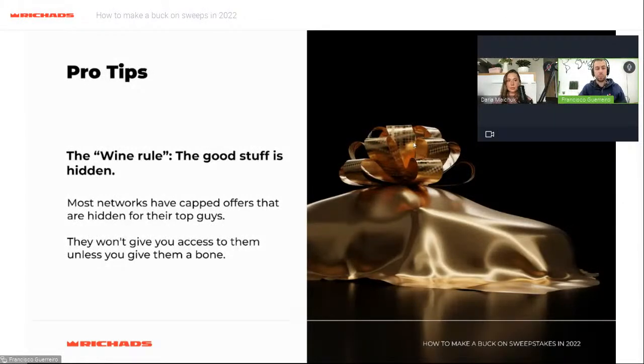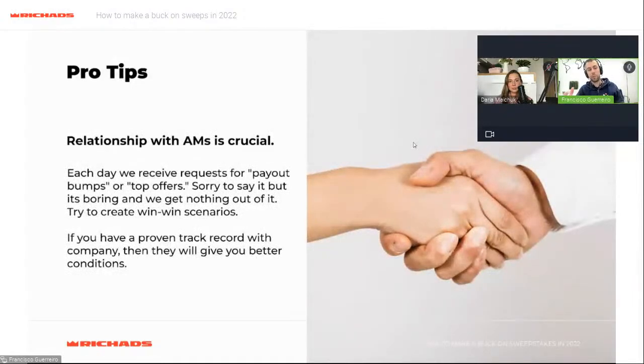So it's important for you to know this so that then I can talk to you about the next pro tip, which is the relationship. The most important thing that you can have with a network is not the offers that the network has, it's the relationship. Because if you have a good relationship with your account manager, this guy will work for you behind the scenes. He will try to convince the top advertisers to work with you.